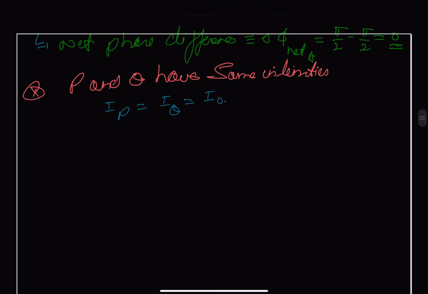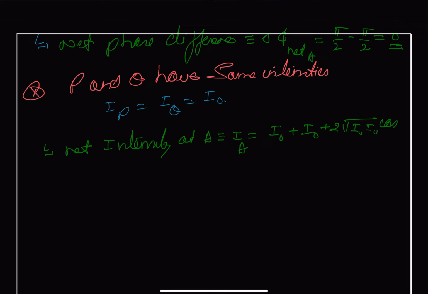Therefore, the net intensity at A, let us call that IA, will be equal to I naught because of IP, another I naught because of IQ, plus twice the square root of I naught multiplied by I naught, and we have cos of our delta phi net, which is 0.